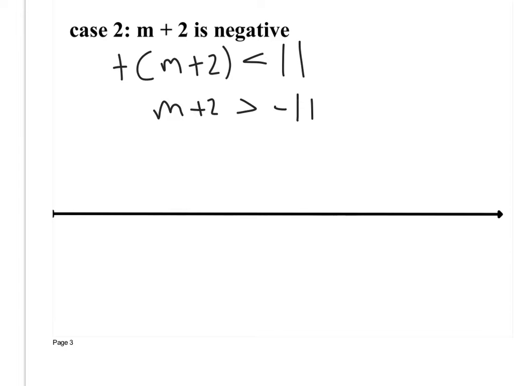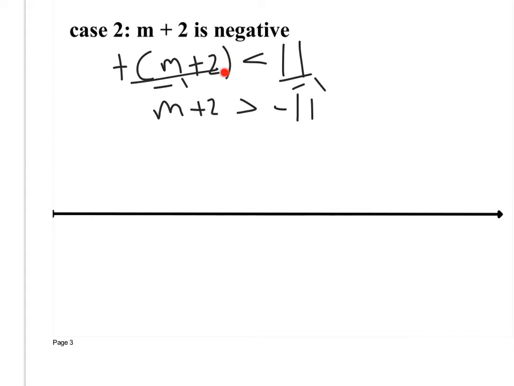So this is what they're showing, in which really what they did was they just divided both sides by negative 1, which changes this sign, and dividing by a negative number changes your inequality sign. So you can write it that way, or you can just do this. We write m plus 2, you change your sign, and you make the 11 negative. Okay, if you remember to do that.